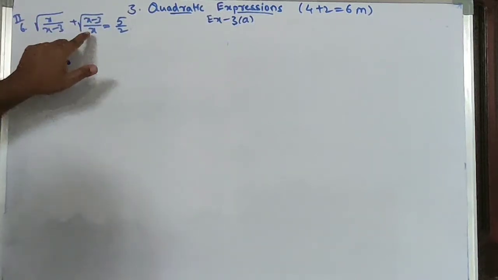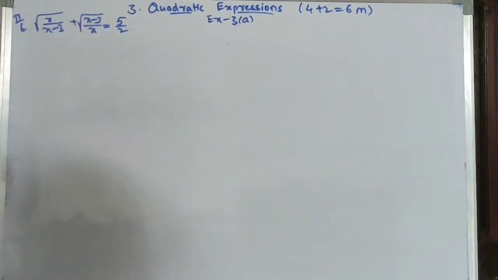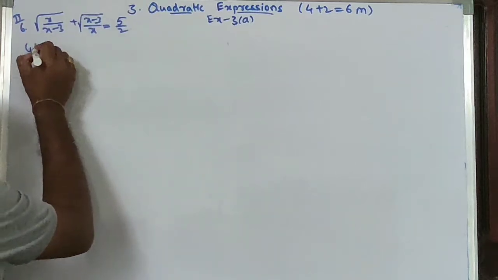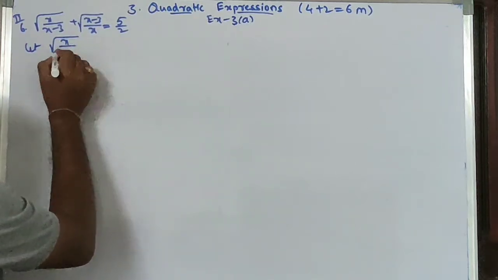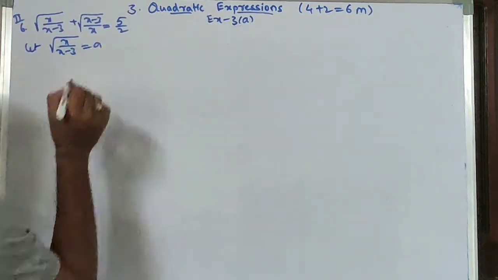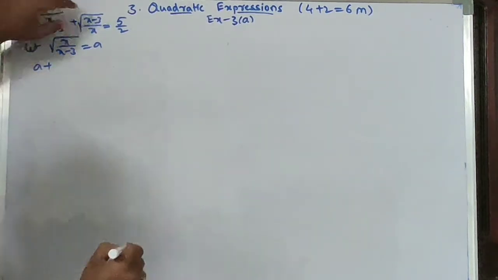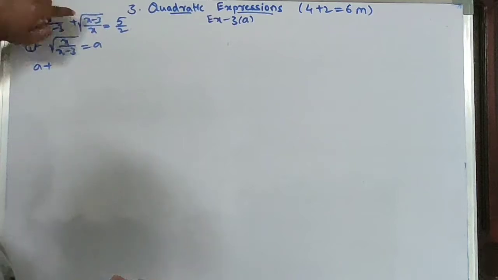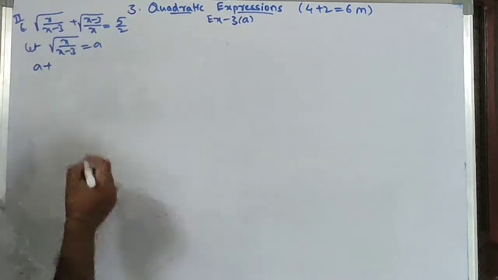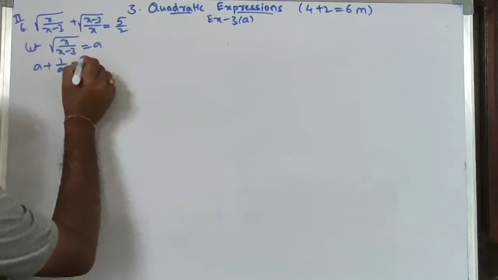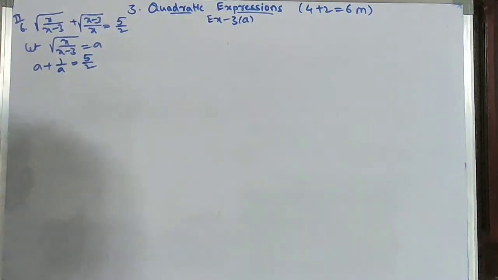this is the reciprocal of this one, and this is the reciprocal of that one. Let root of x by x minus 3 equal to a. Then the reciprocal is 1 by a. So a plus 1 by a equal to 5 by 2.